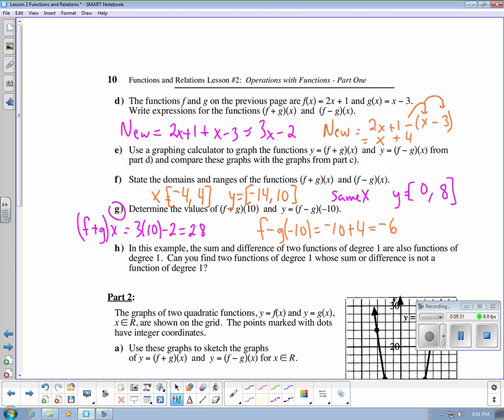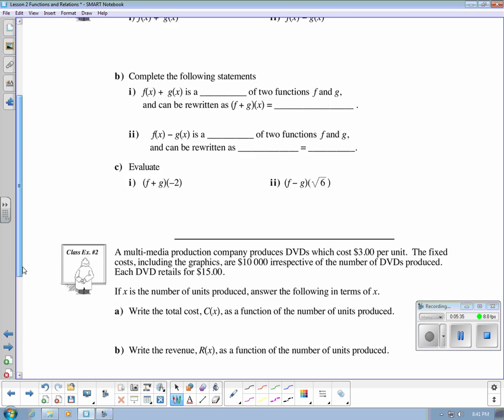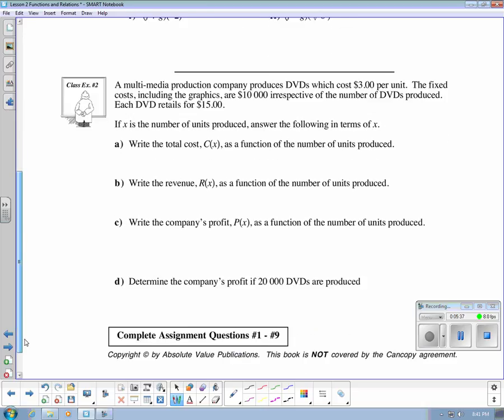And now we can go to creating our own equation, which is kind of fun. Total cost. The fixed cost was $10,000. That's like the setup fees, getting a building, paying for equipment, paying for a secretary. That's $10,000.